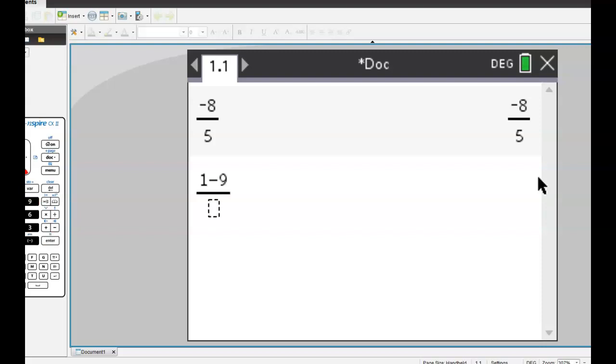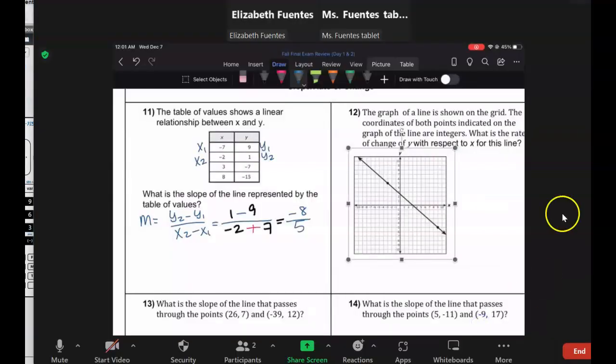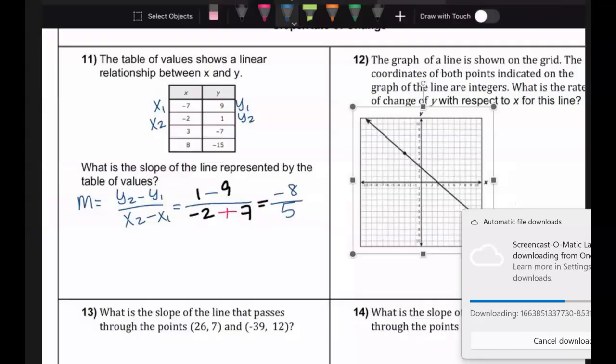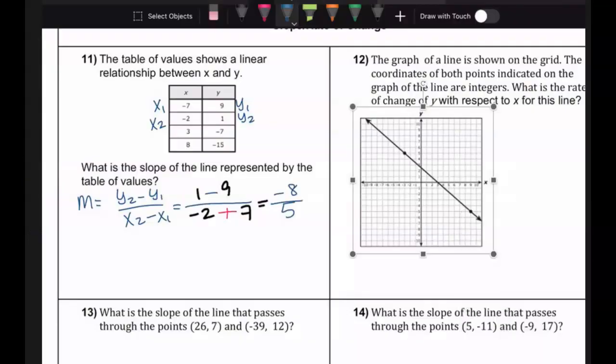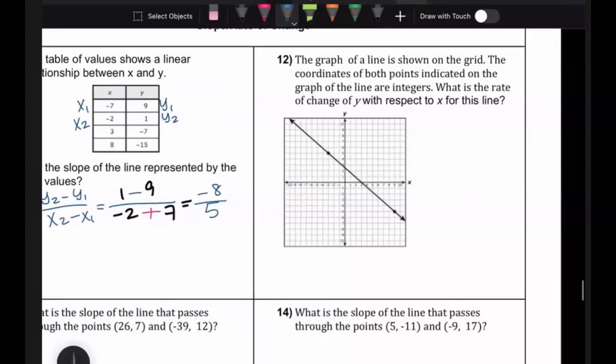So we go 1 minus 9, and the negative 2 plus the 7. And you still get the negative 8 over 5.